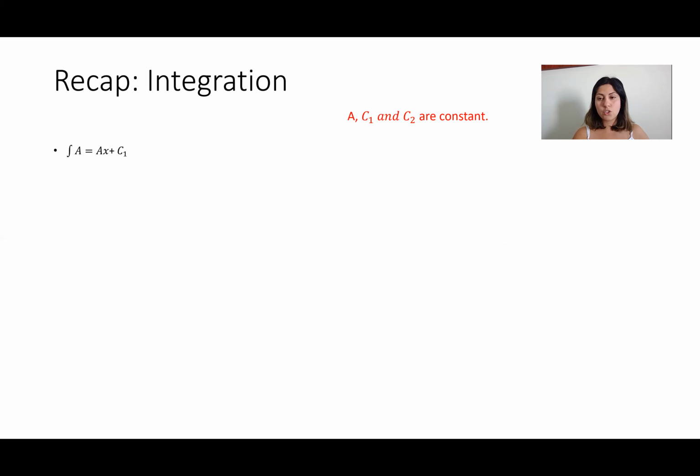Don't worry about this, just write it down as C1, okay? So if you integrate a constant, you will get constant times X plus C1. This X can change, it is variable.